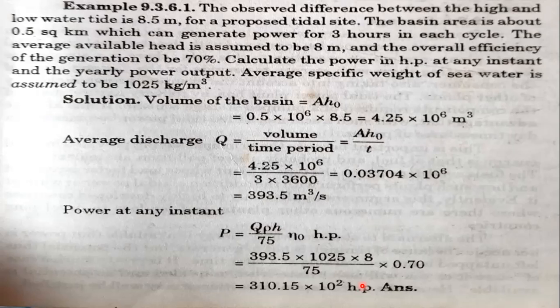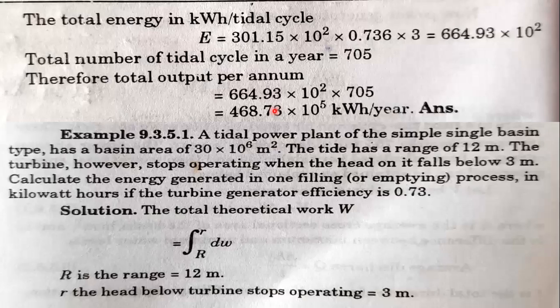And we have to calculate the yearly power output. So for this, the total energy in kWh, E is equal to P into 0.736 into 3 hours time.